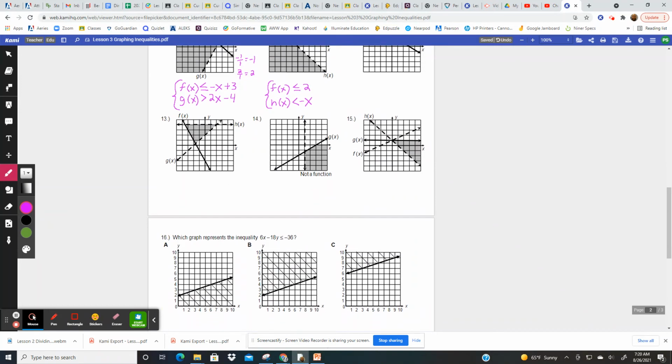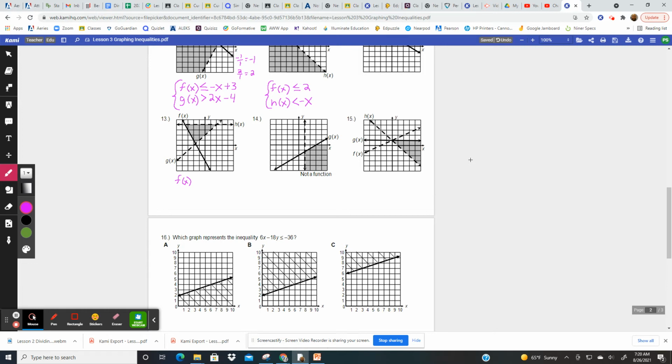All right, but if you come over here to 13, we actually have 3 functions. Okay, so we've got f, so I'm going to start with f of x. And if I'm standing on the line, it's above it. You would go up to get to it. If you went down, you're down here. But it's above it.